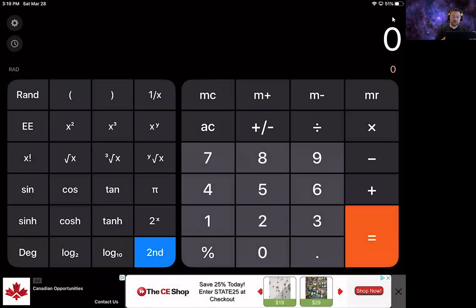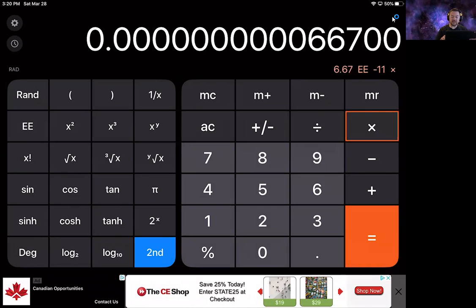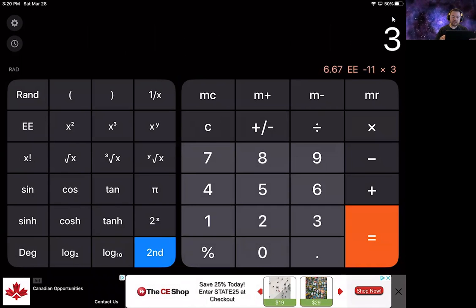All right, so let's type in our numbers. 6.67 EE to the minus 11th. We're going to multiply that times 3 EE to the 9th power. That should be 3 billion. Got to do the little jumps here. Yeah, that's right.